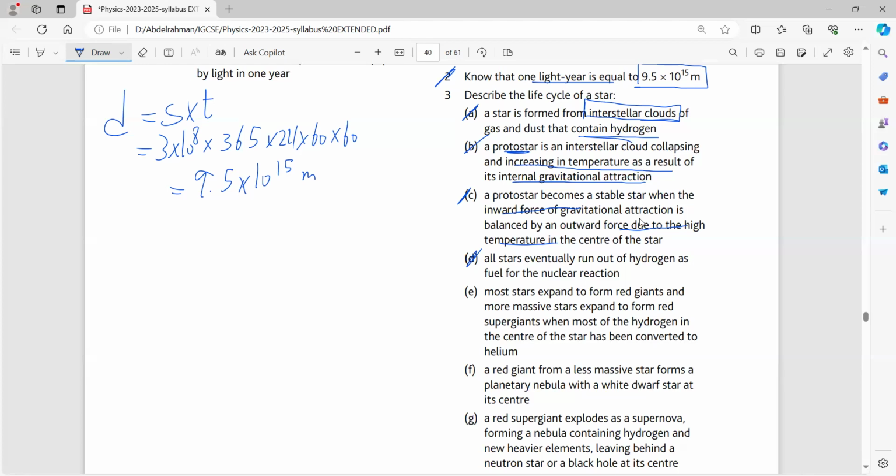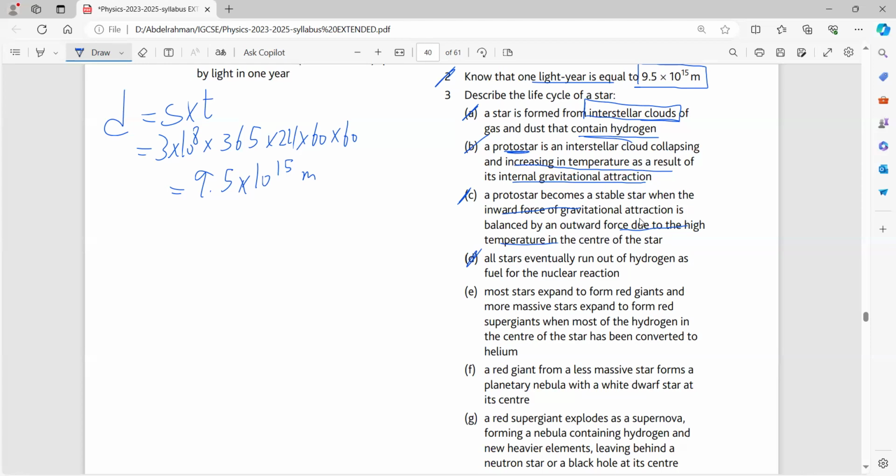When the sun starts to run out of hydrogen atoms, what does it do? Listen carefully. When the sun starts to run out of hydrogen atoms to fuse, the outward force due to the fusion starts to decrease.